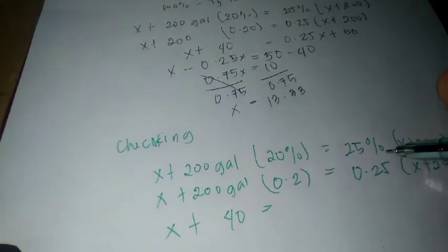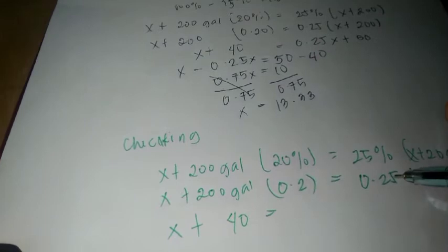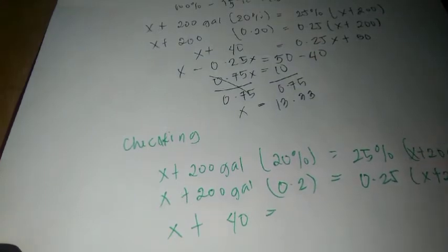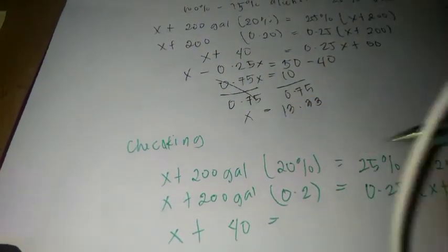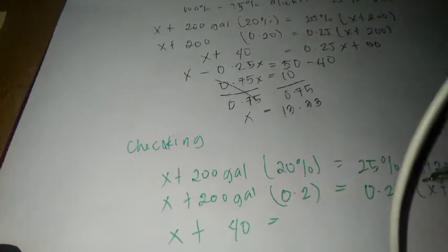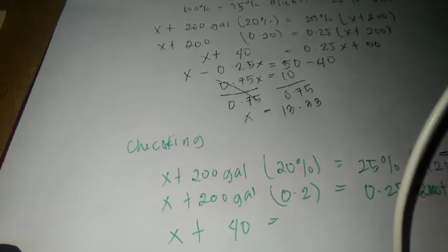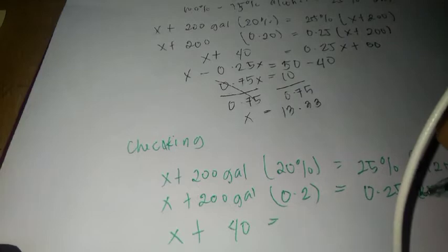And then let's distribute the 0.25 to the quantity of x plus 200, so we have 200 and 13.